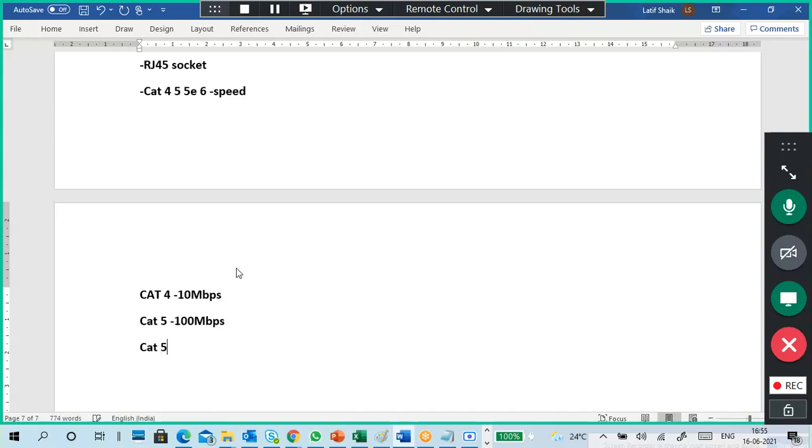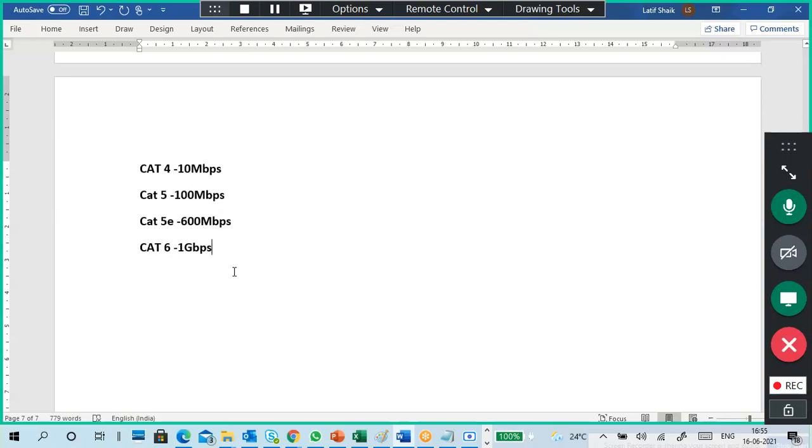Cat 5e is around 600 Mbps max, 500 to 600 Mbps. Cat 6 is 1 Gbps. So this is the category of cable, but there is still the 8-wire socket connection.